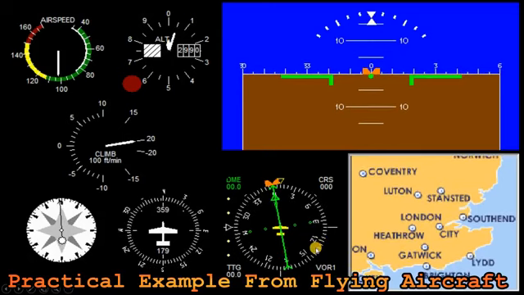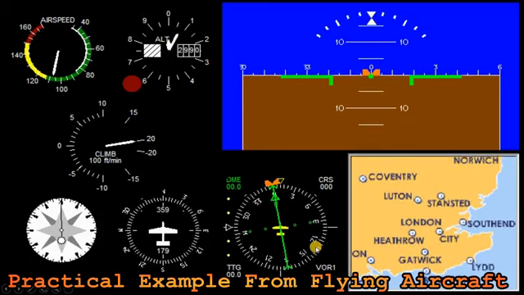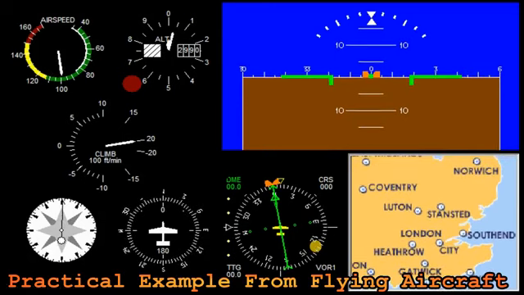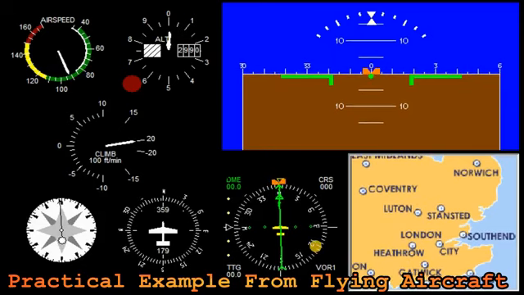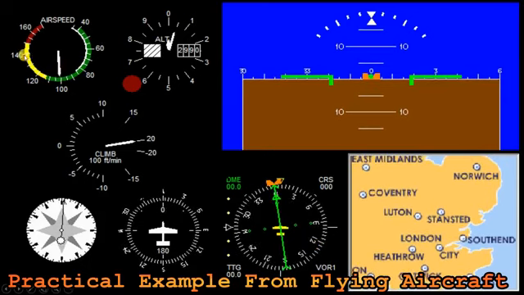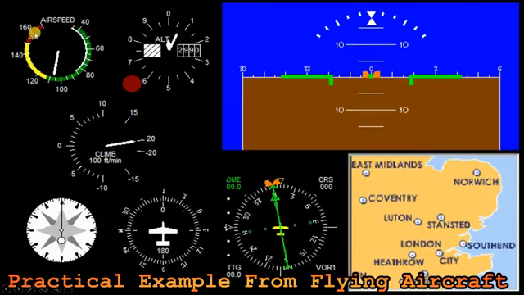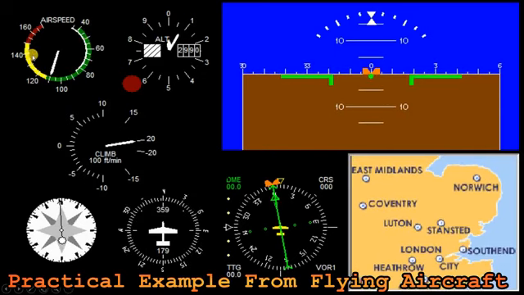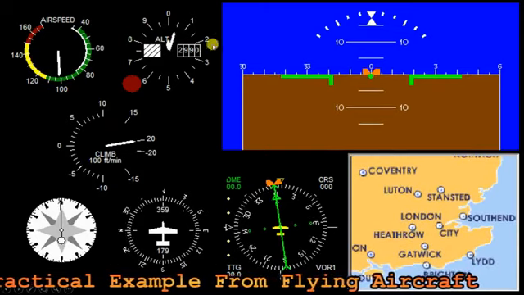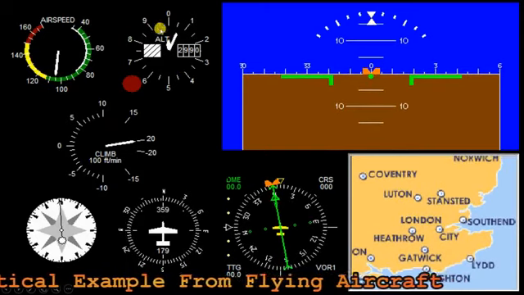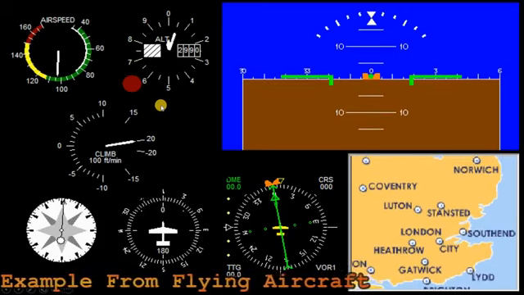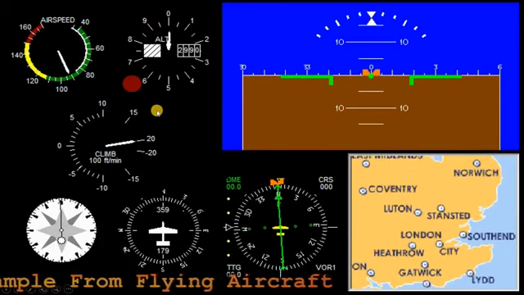Now another example of a navigation display, a classic example in which the classical display system is adopted. In this synoptic display, airspeed is indicated in the form of a dial. Here the climb rate is displayed in electronic form. Here the altitude of the aircraft is displayed in electronic form, but the classical dial system is adopted in this part.